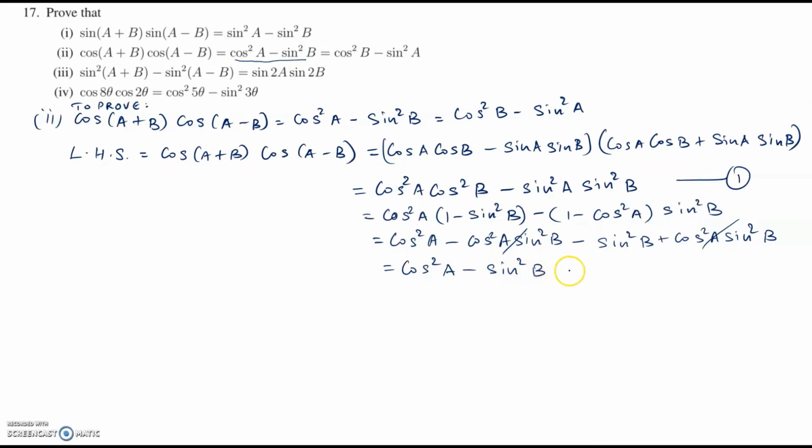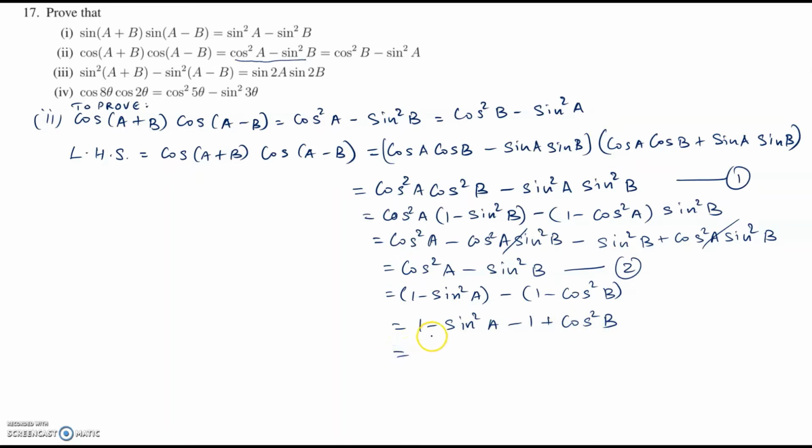Now this is the first part of the problem. Okay, then let's rearrange this with 1 minus sin squared a minus again sin squared b into 1 minus cos squared b. So your answer here would be 1 minus sin squared a minus 1 plus, minus into minus will be plus cos squared b.